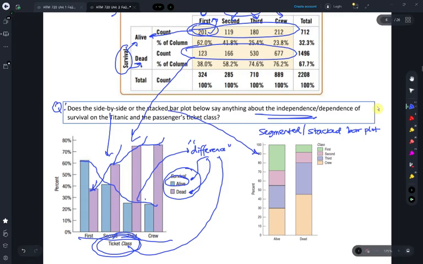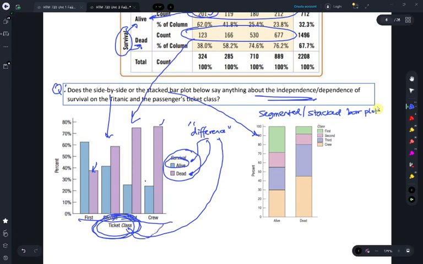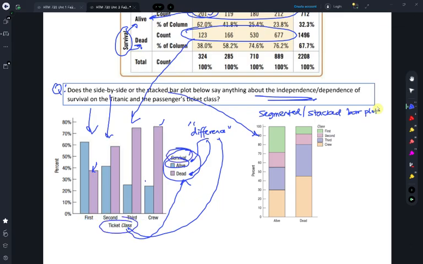So this picture indicates some level of dependence between the ticket class that the person is holding and whether the person survives alive or dead. That is what this side by side bar plot illustrating the relationship between ticket class and survival says.